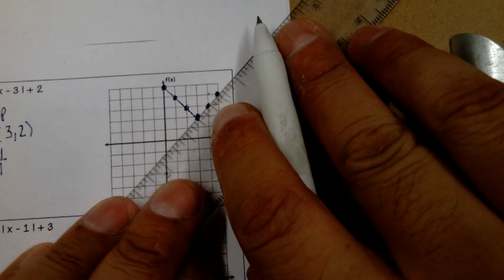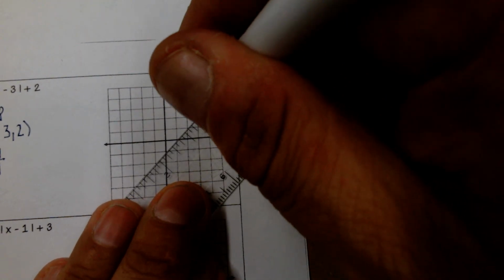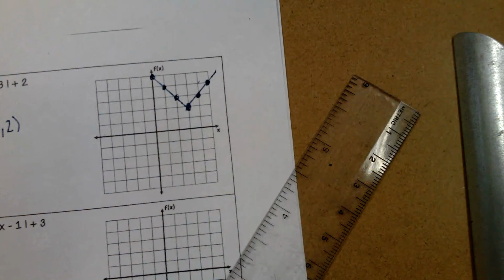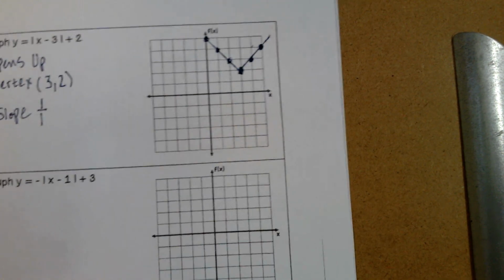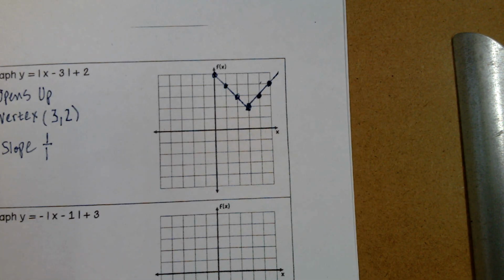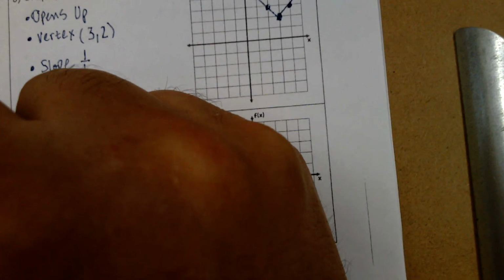So I'd like you to try number 6 and state those 3 facts. By the way, there it is. Tell me how it opens. Tell me the vertex. Tell me the slope.